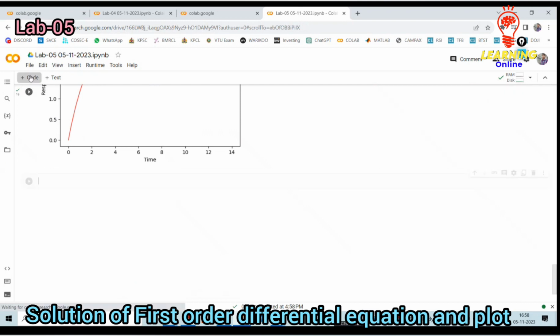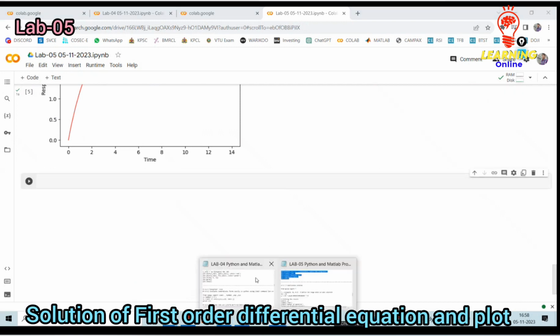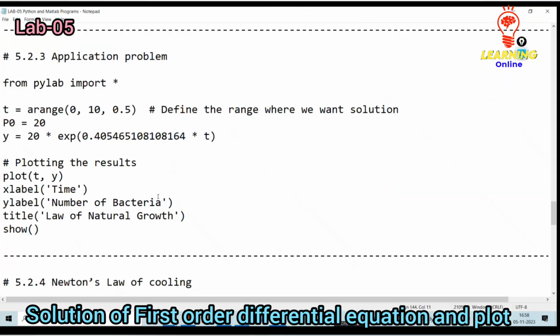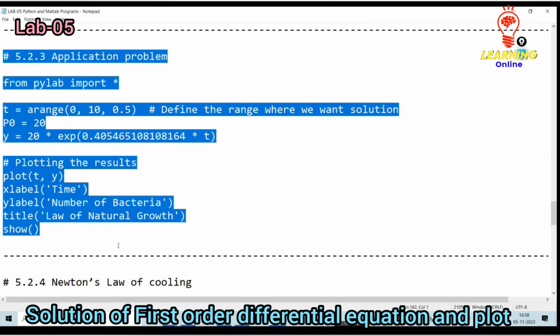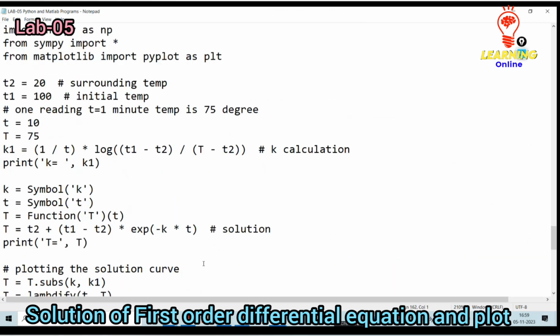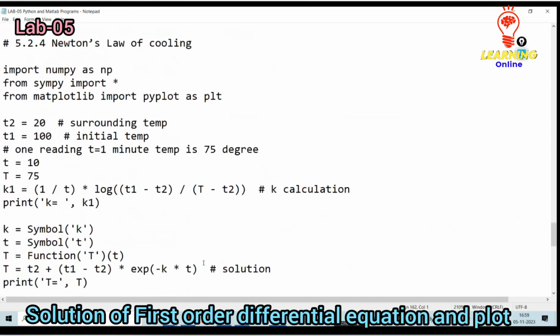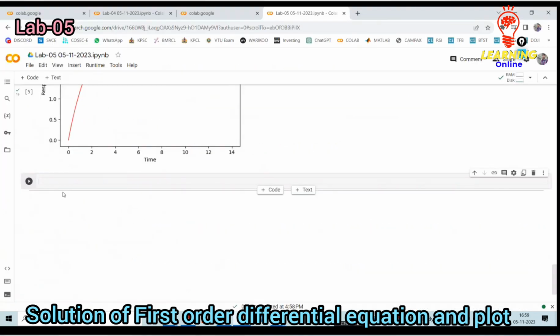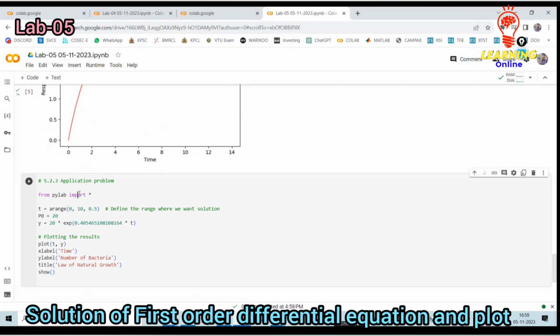Okay, now go to the code, and another code you have to type. Here we are importing pylab, which is also one type of library. Then t is equal to arange(0, 10, 0.5).